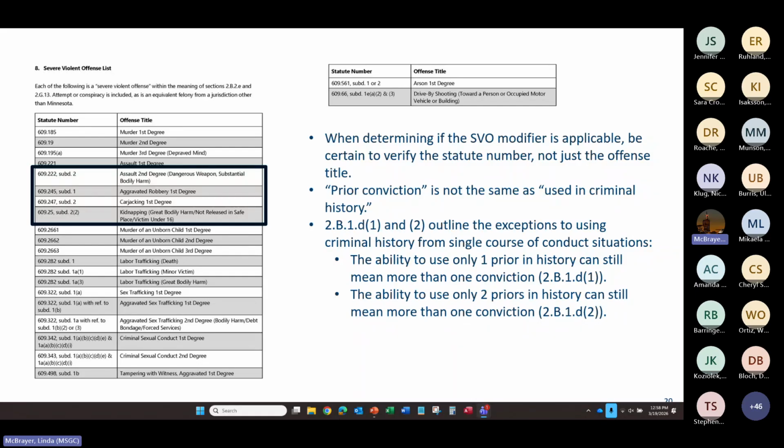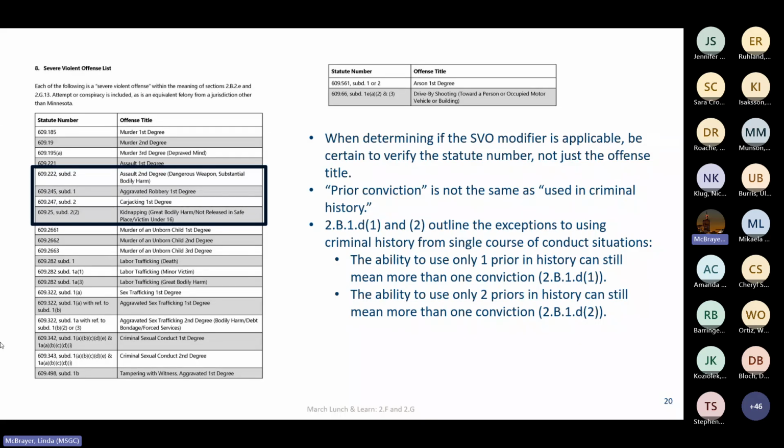They may have had 5 offenses that were convicted, but only 2 were carried in criminal history. All 5 of those count as SVO priors. So always keep in mind the difference between prior criminal history and prior conviction for the SVO modifier.